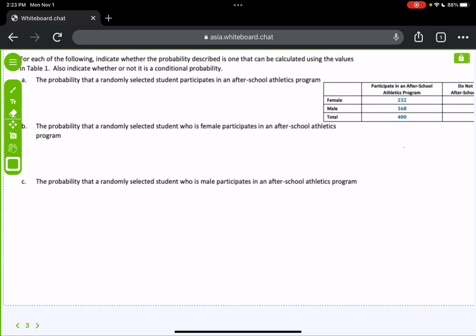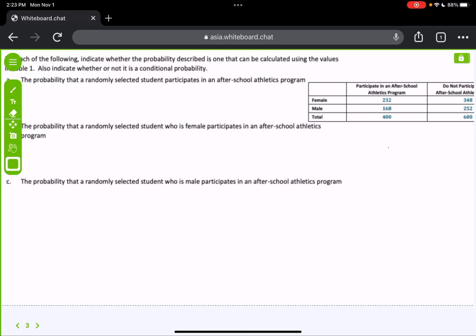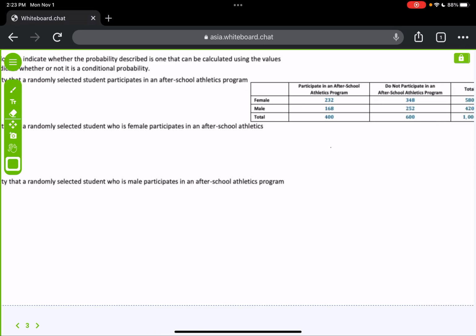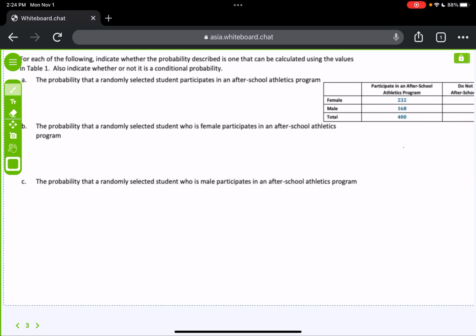So what you're trying to do is indicate whether the probability described can be calculated using the values in the table. Okay? So, can you give a probability that a randomly selected student is in an athletic program? Yes, you can.